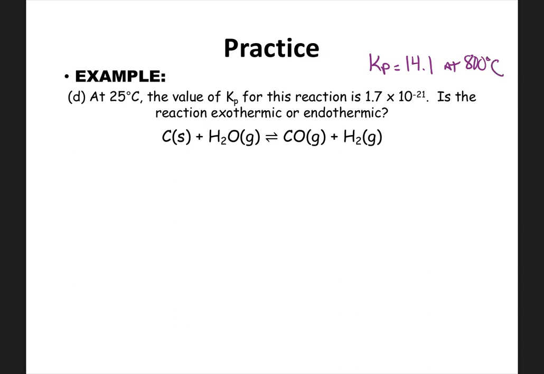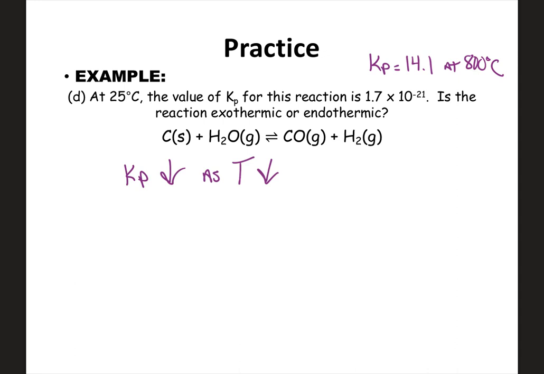Notice when we drop the temperature from 800 to 25 degrees Celsius, what happened to our Kp? As we dropped the temperature, the Kp also decreased. It got much lower as the temperature lowered.